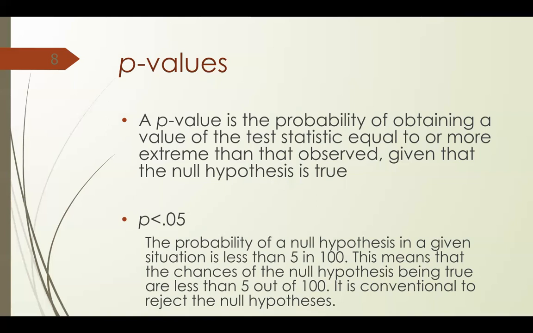So 999 out of 1,000 times it should work, and maybe 1 in 1,000 times it may not work. Then you can get the permission to widely use the drug. It really depends on the context, but in an educational context, 5% is the conventional p-value threshold that we usually use.